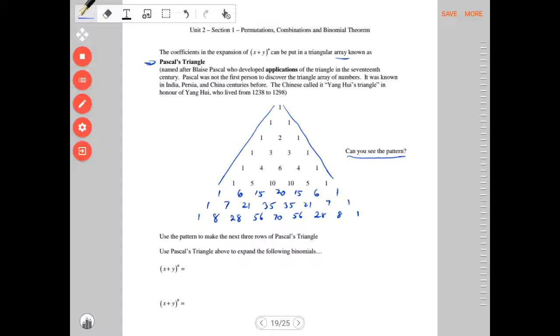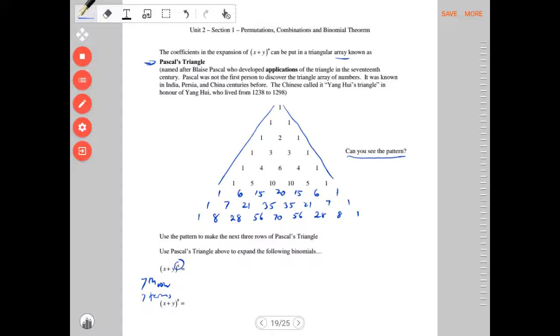We can use Pascal's triangle to expand the following binomials. So if we want (x + y) to the sixth, how can we do this? Remember, the sixth power is the seventh row. We didn't use the term Pascal's triangle last bit, but it's the seventh row of Pascal's triangle, and there's 7 terms.